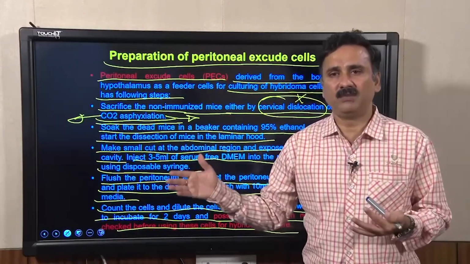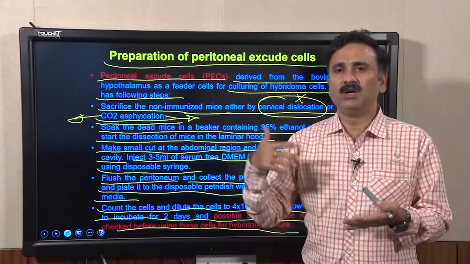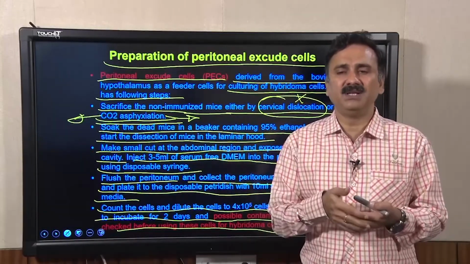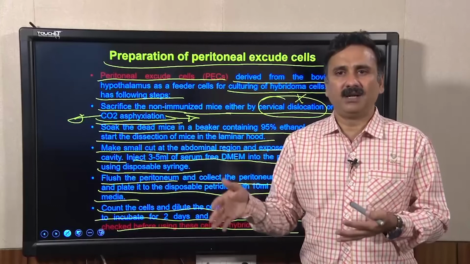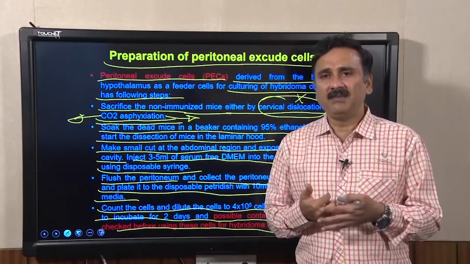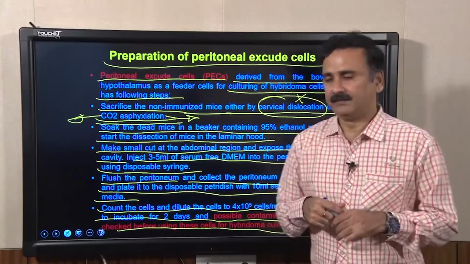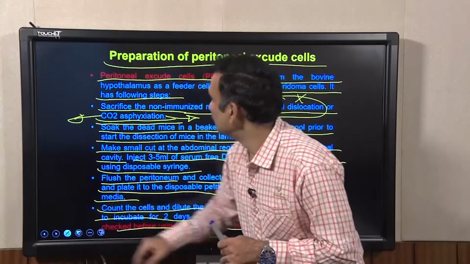You can keep these on a petri dish and culture them for 2 days, so that it tells you whether the preparation is free of bacteria and other kinds of contamination or not, because if there is a contamination, it is actually going to contaminate your hybridoma culture as well.